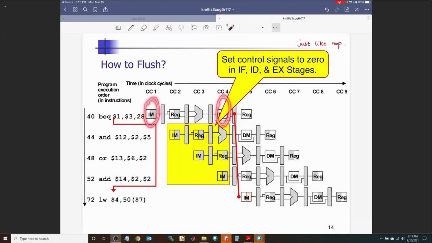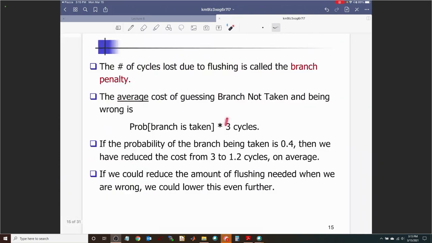So that would be a difference of 3 clock cycles impacting the 3 instructions that follow branch when equal. That's why we are going to have to multiply that probability with 3. So how many cycles are you losing on average when you go wrong? Well, the probability that the branch is taken multiplied by 3 will give you that result.